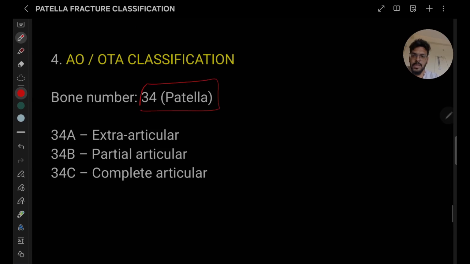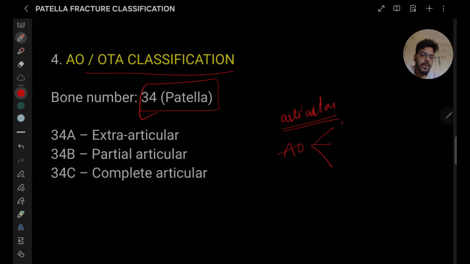In my previous videos also, if you have seen, in AO the articular area is always divided into extra-articular fracture, partial articular fracture, and complete articular fracture. Any articular area will compulsorily have these 3. The patella is also an articulating bone, so it will be divided into A, B, C, that is extra, partial and complete articular fractures. We will see in detail what A, B, C are divided into.